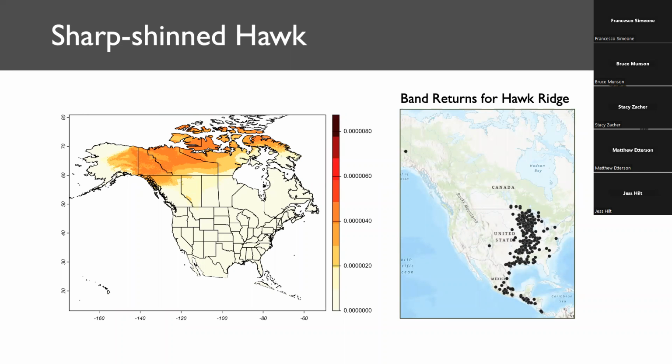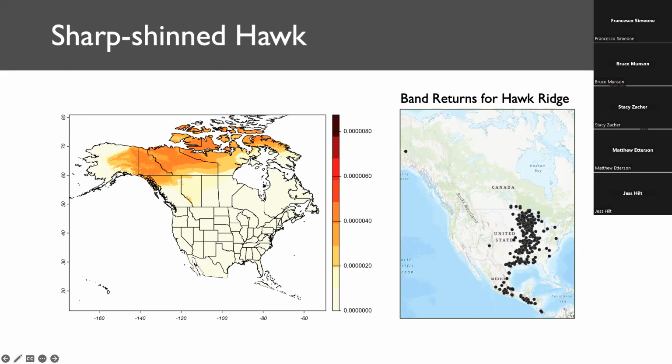We had two individuals that had significantly lower isotope values than the other Sharp-shinned hawks. What this corresponded to in the map was a probability density that was highest in regions of northern Canada, so up in here and into Alaska.